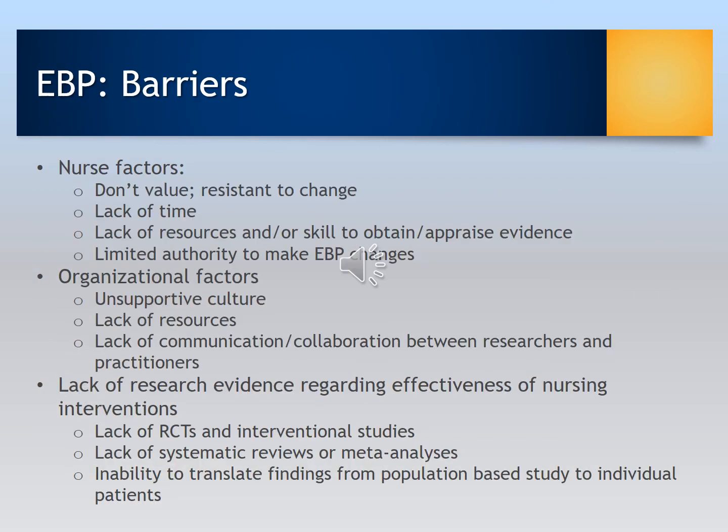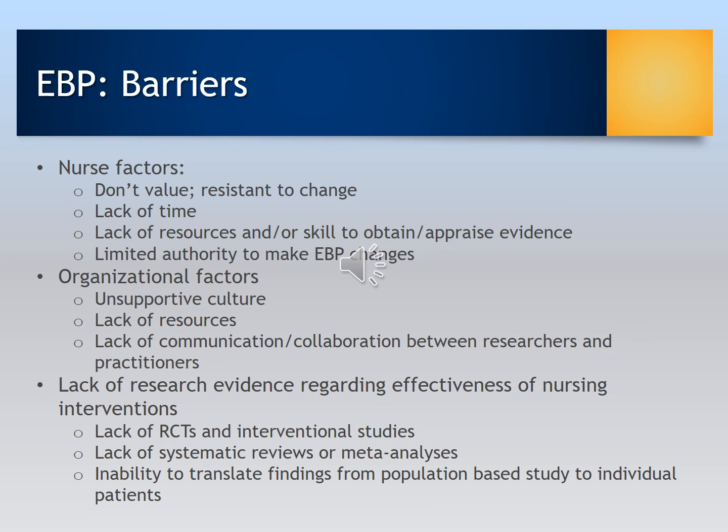So here are some more barriers, and you have to think about these in your own organization. If you go through this process this semester and you've got a really good idea to implement a practice change, what are you going to have to think about in order to fully implement this back in your organization?